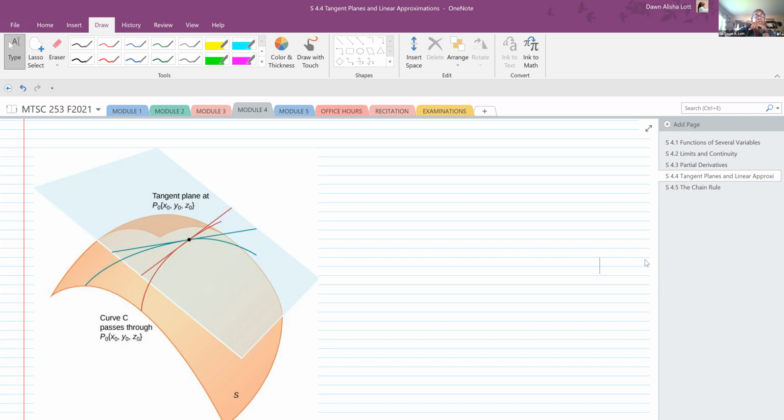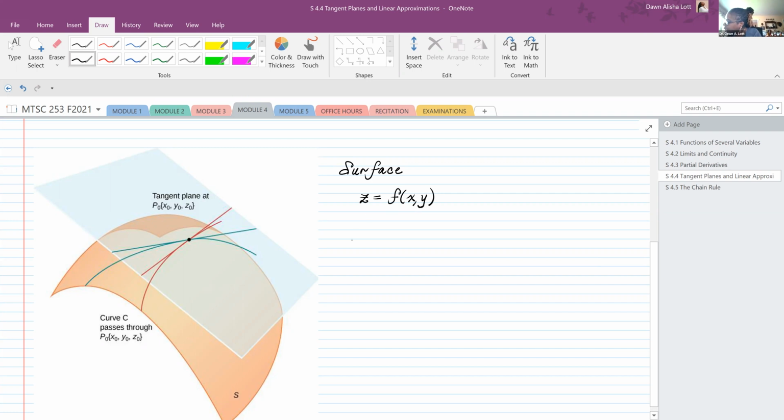So we have a surface. Our surface is z is equal to f of xy.